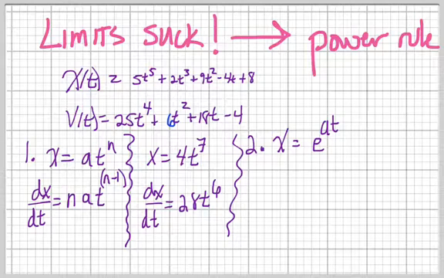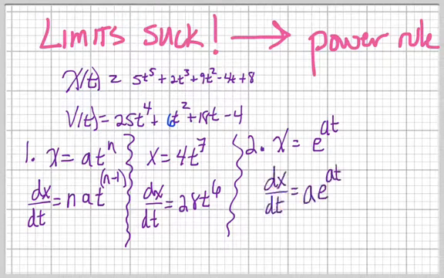It is actually the derivative of its own function. So, if we have e to the at, then we would drop this a down in front, and the rest of it would stay the same. And so dx dt would be a e to the at. See that?